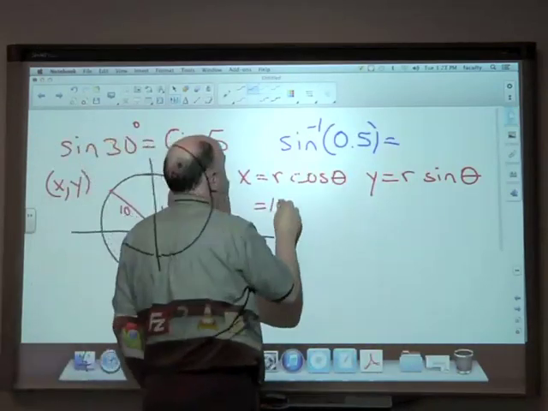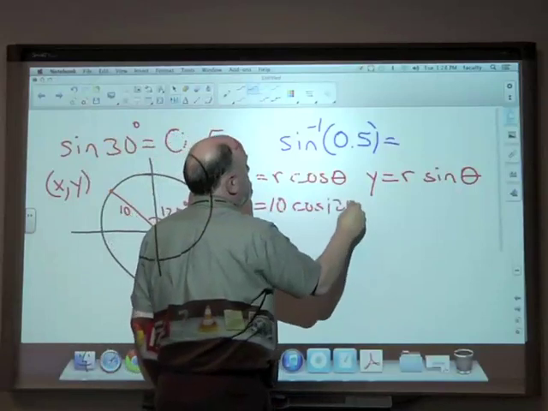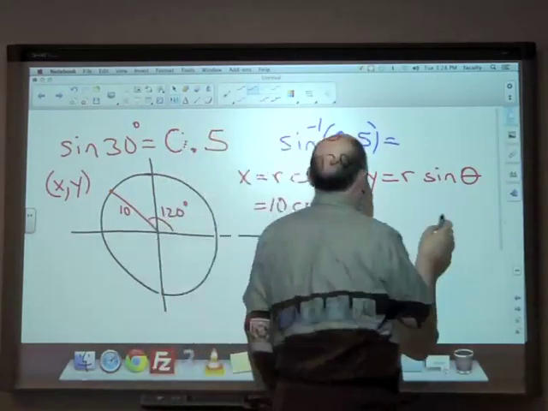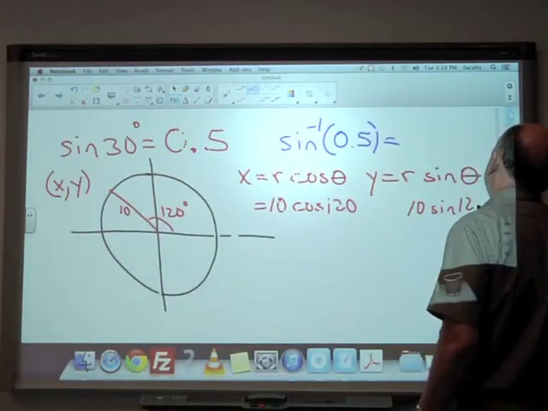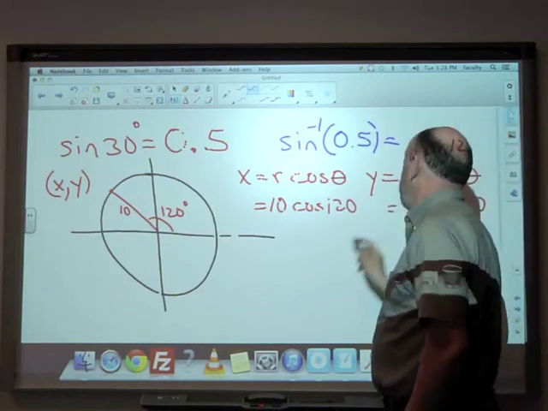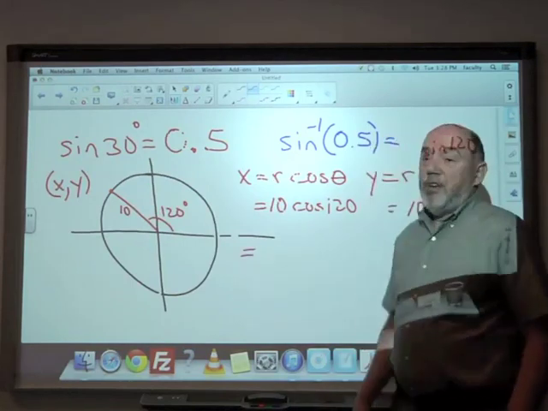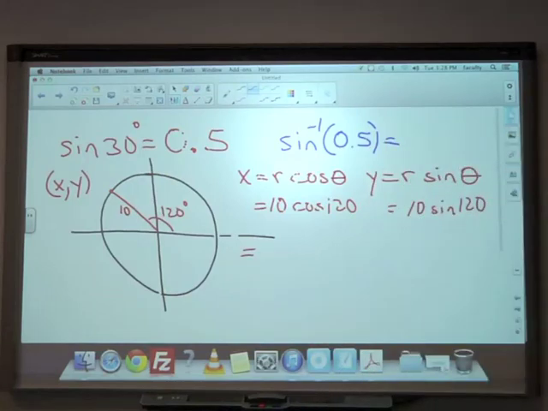So this is going to be 10 cosine 120, and then this one will be 10 sine 120. 10 cosine 120 will give you what? -5.